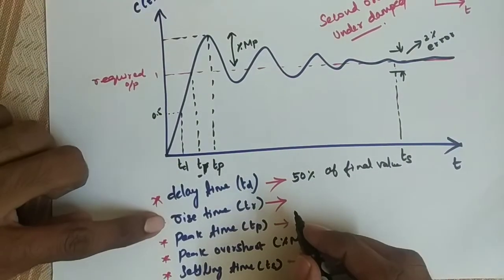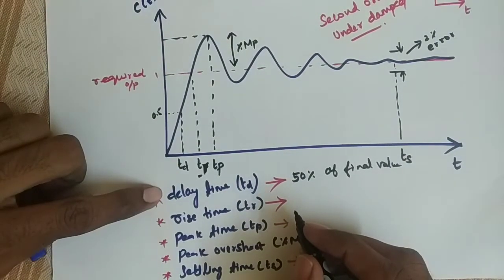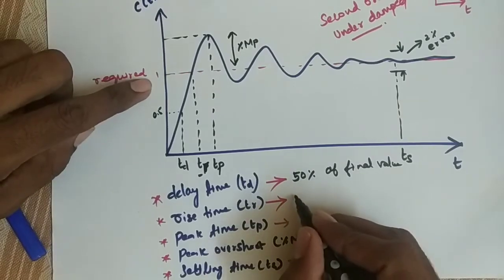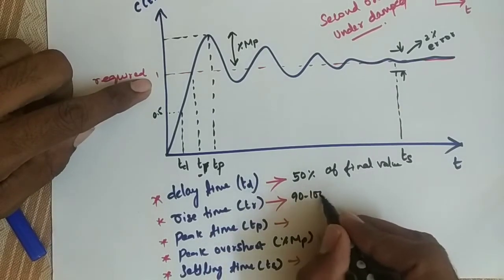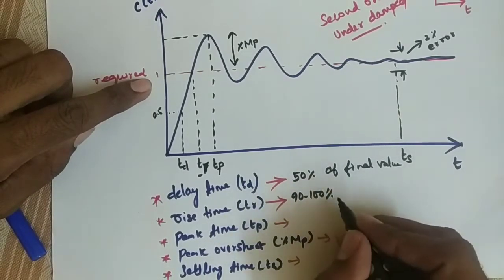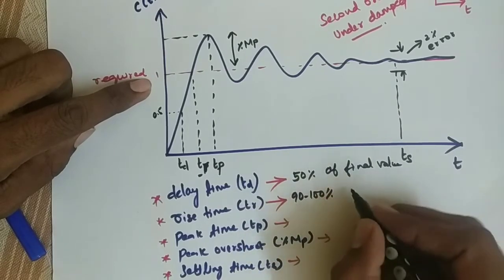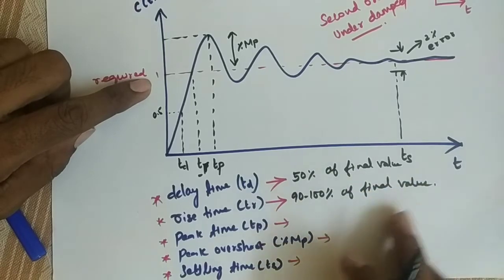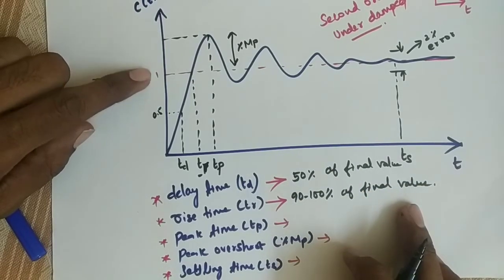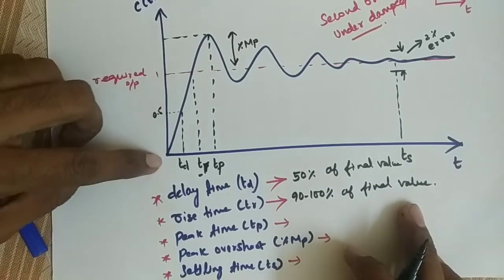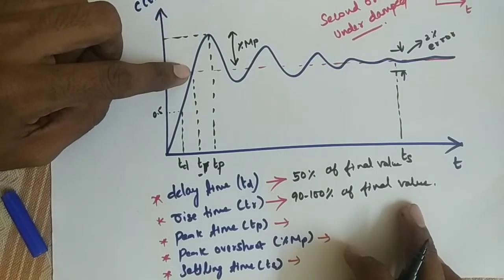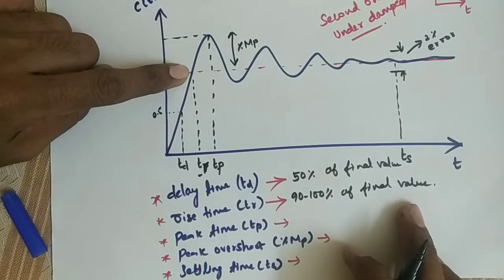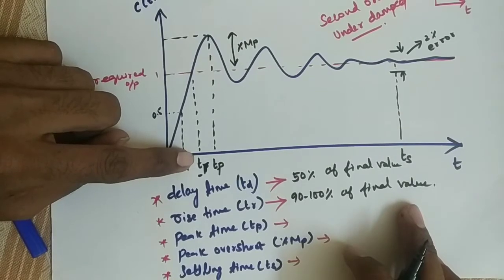Now rise time, similar to delay time, is the time to reach 90 to 100% of the final value. The final value here is 1. Whenever the curve crosses amplitude 1 for the very first time, I denote it as TR.